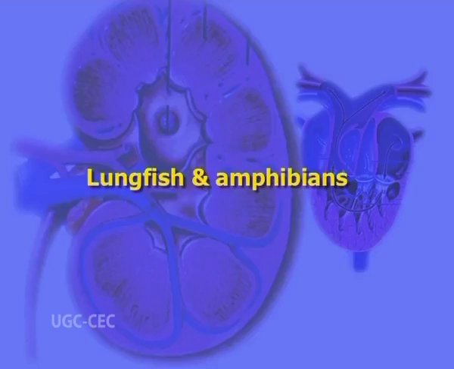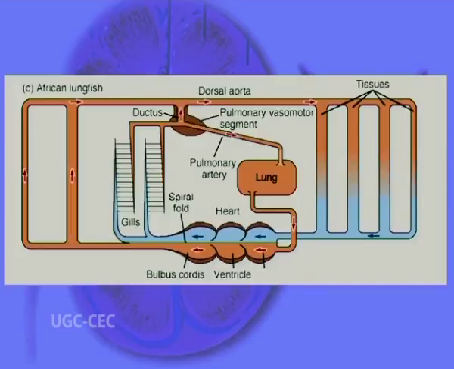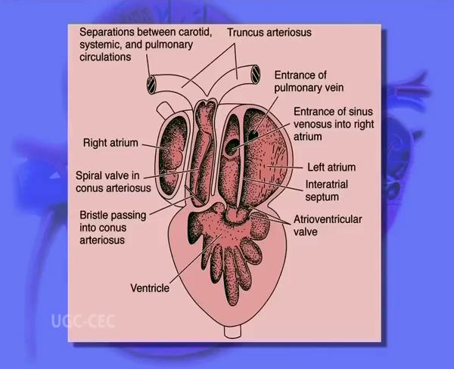Now, let us talk about the next subgroup, that is lungfishes and amphibians. In these organisms, modifications are correlated with the presence of lungs and it enables oxygenated blood returning from the lungs to be separated from deoxygenated blood. They have spiral valve in the conus arteriosus of many dipnoans and amphibians.